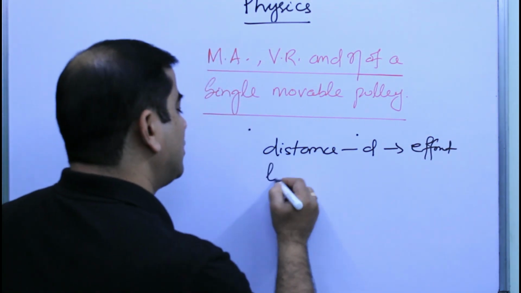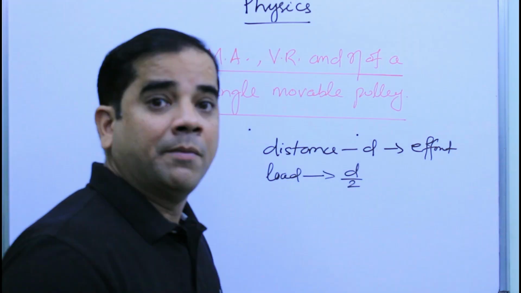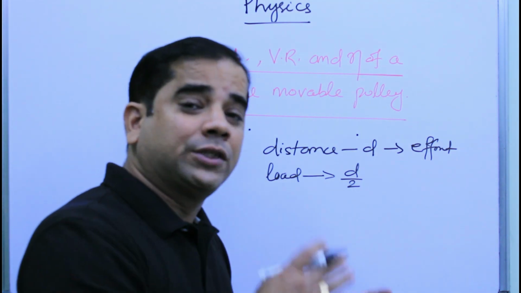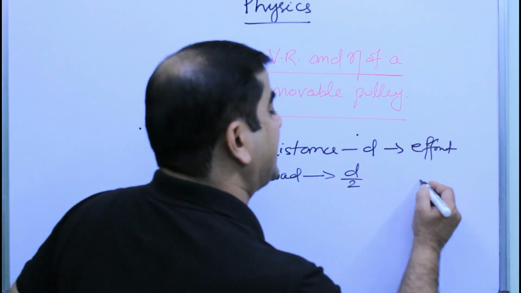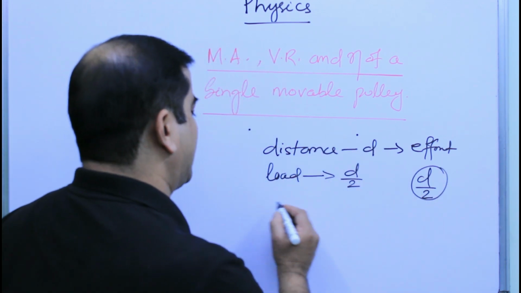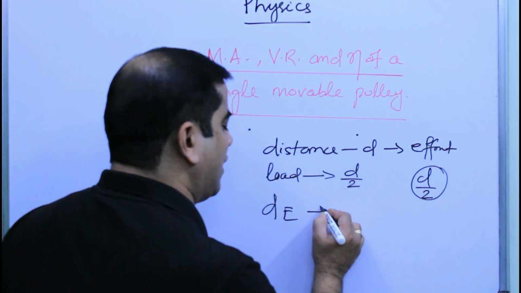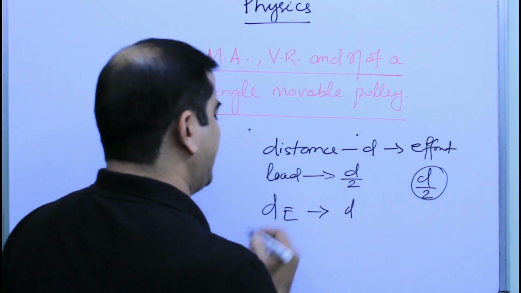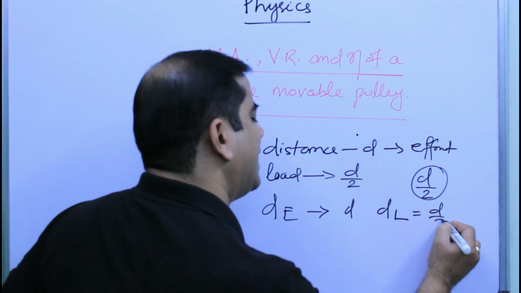Then the load moves a distance d by 2, because when the effort is put, the two segments at two sides of the pulley move a distance of d by 2. That means whenever the displacement due to effort is d, then displacement of load will be d by 2.